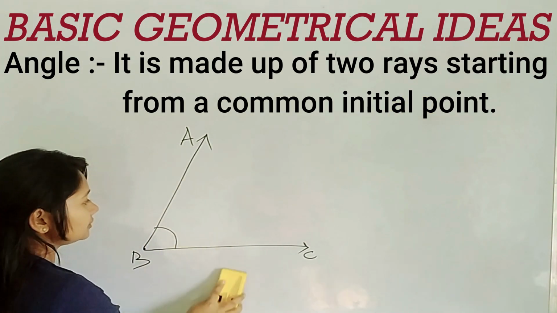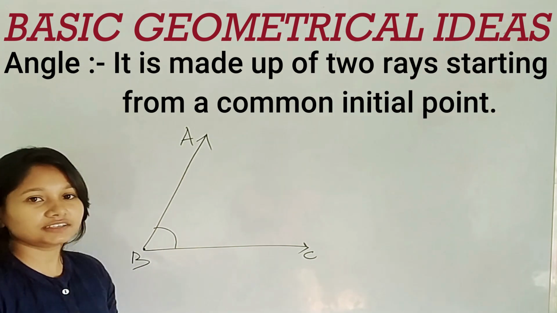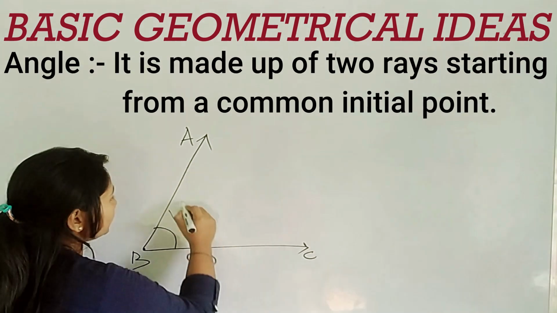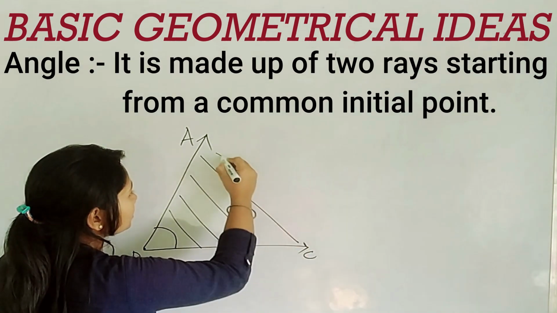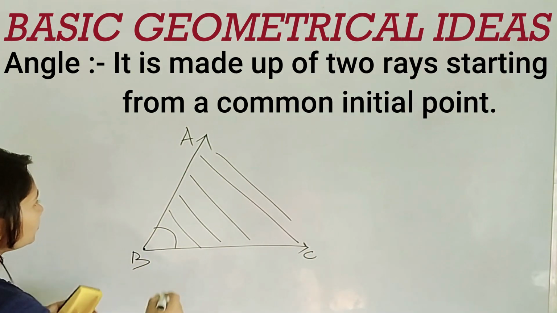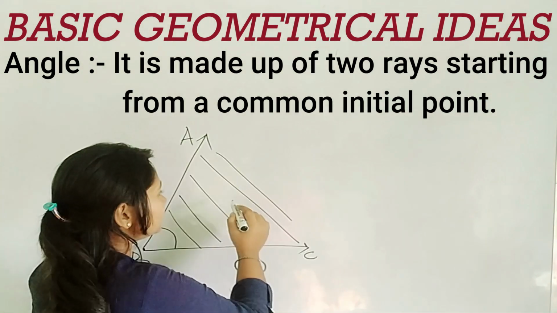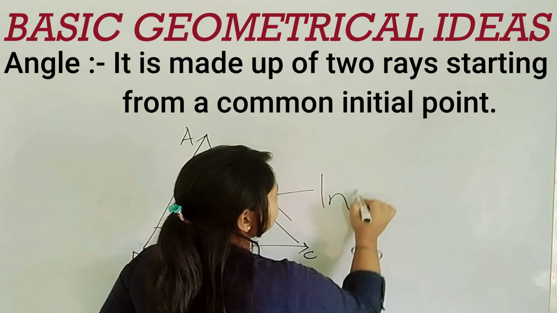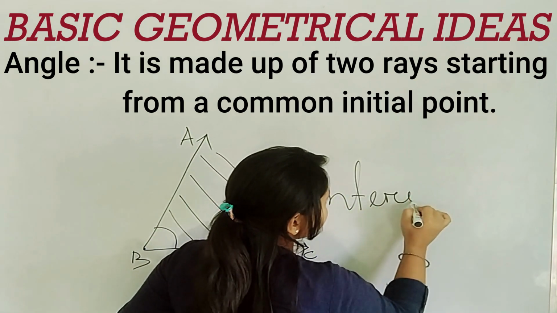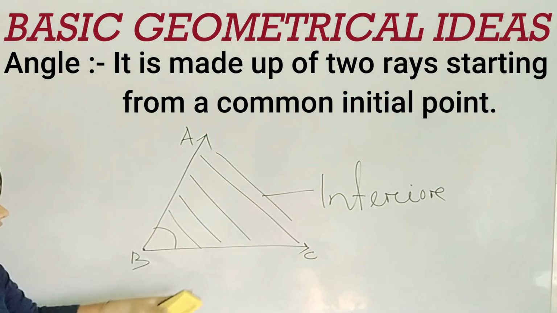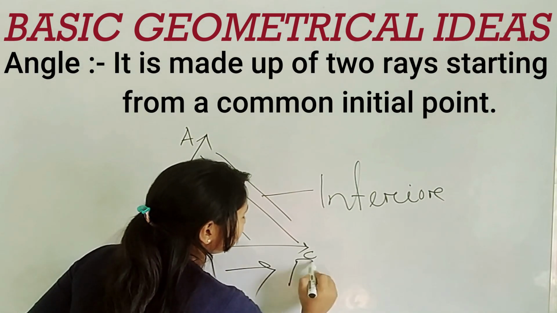The portion common to both sides is known as interior. Means here is the portion which is common to both sides, AB and BC, and it is known as interior. Right? And the portion outside of the angle is known as exterior.